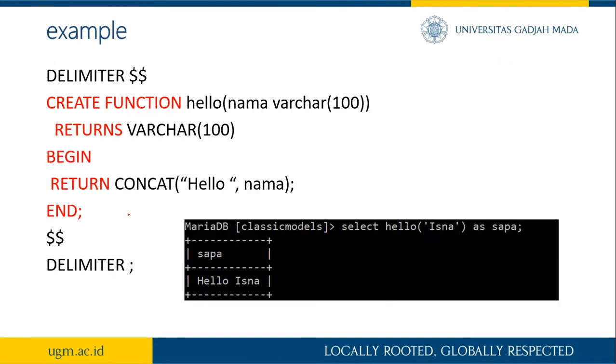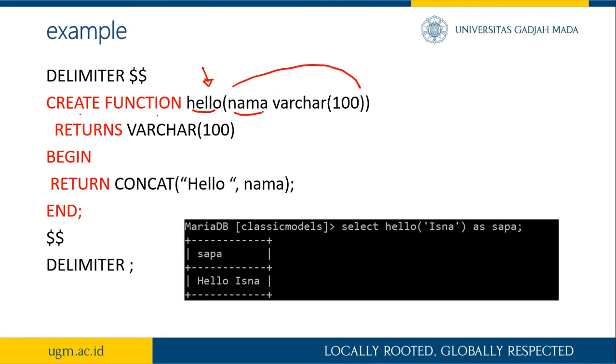Now let's practice using this example. I am still using hello, but in the previous example with procedures, we created the hello procedure, and now I'm going to create the hello function. Create function is the keyword, and the name is hello, and I use nama as the parameter, always an input parameter.